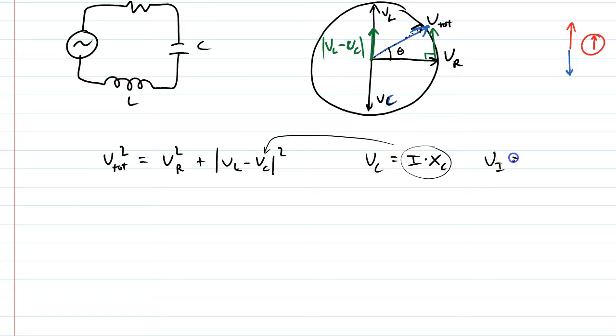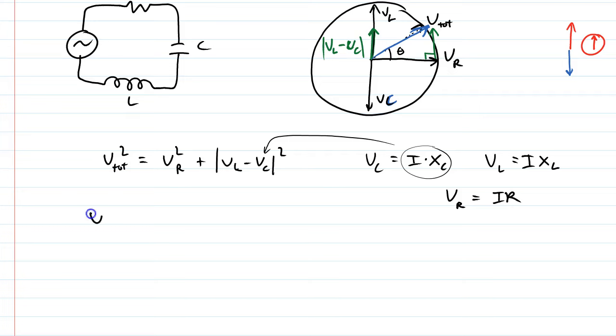VL for the inductor is going to be the same thing. I'm sorry, this should be VL right there. And then VR is just I times R, and that's always been the same.